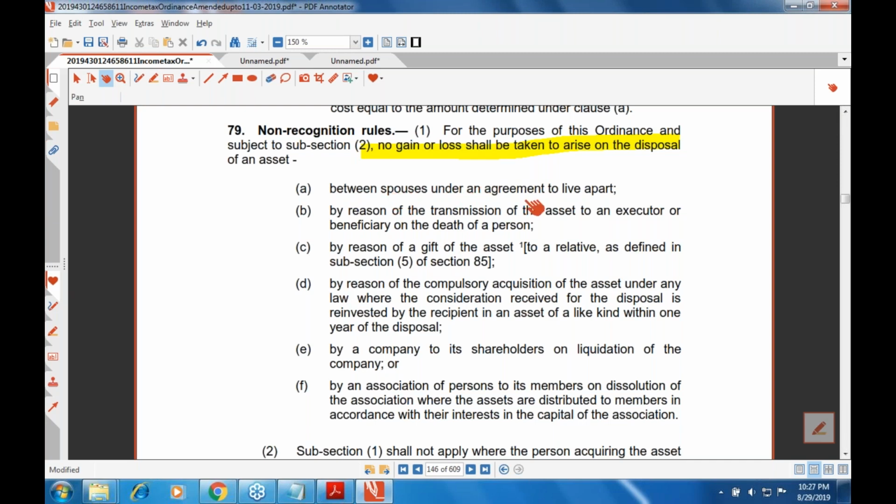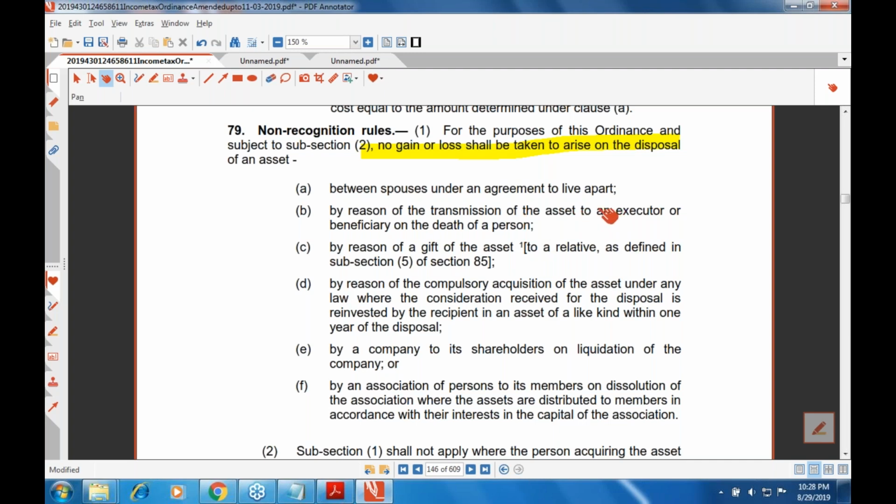Now, between spouses under an agreement to live apart. For example, if there is a separation between spouses, then whatever they get from each other's wealth is not going to be subject to tax. There is going to be no gain computed on that, although it's disposal, because if somebody is separating from their spouse, they're transferring it to them. So it's not going to be considered as that disposal by reason of transmission.